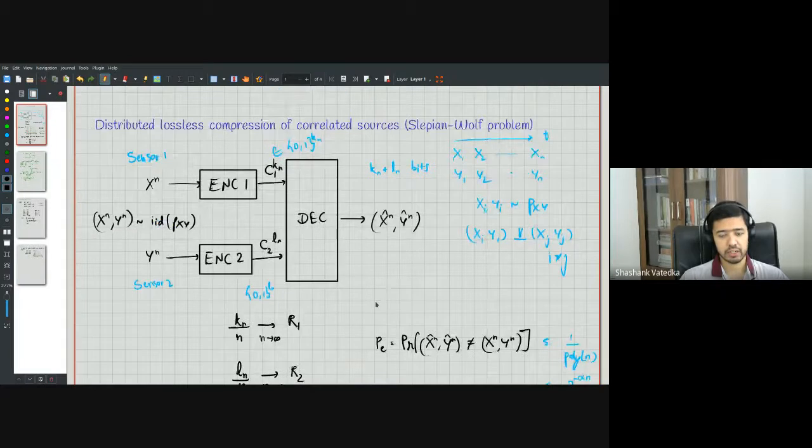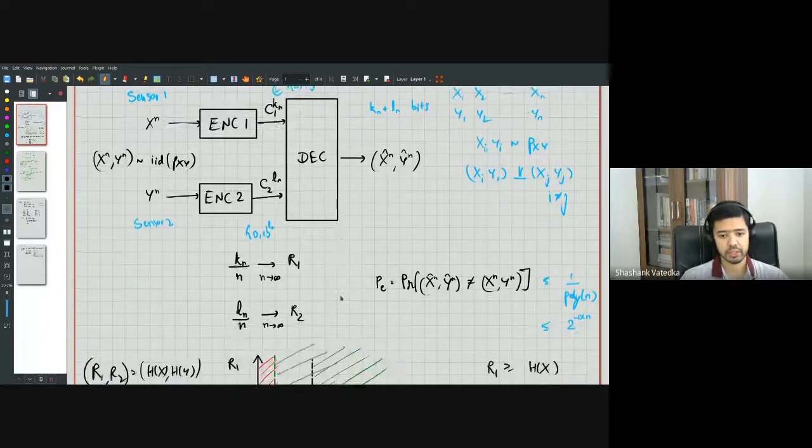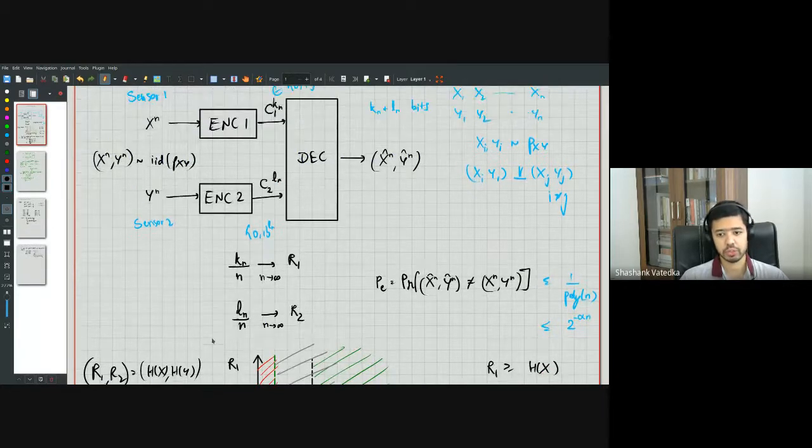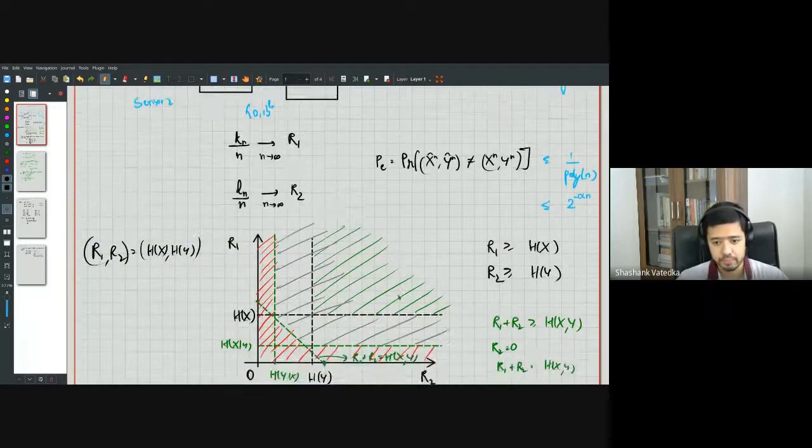But on the other hand, in general, for general sources, if we want to do variable length zero error compression, then in fact it is not possible to do better than R1, R2 equal to H of X, H of Y. So really it is this vanishing but non-zero probability of error, which allows us to obtain better rates.